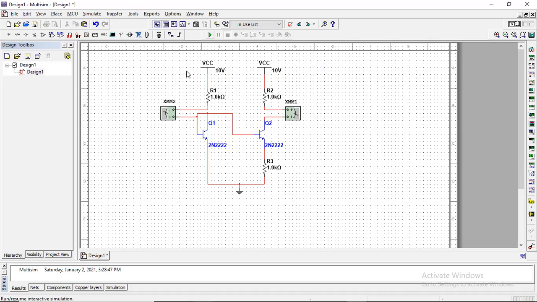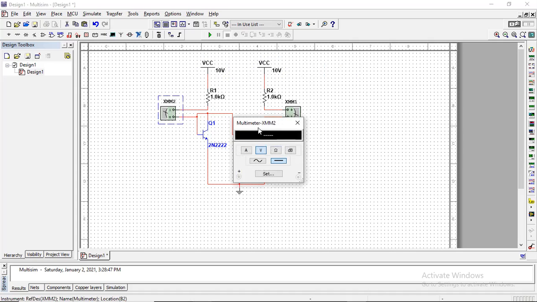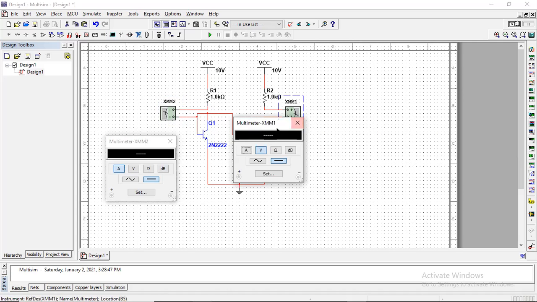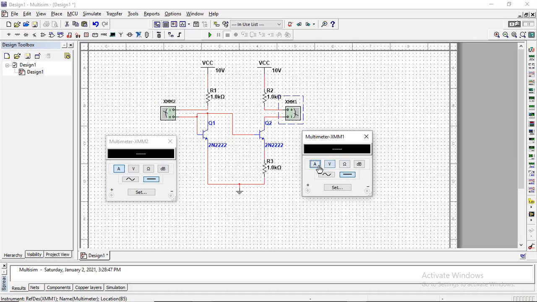Okay, coming to the simulation. First we have to set the meters to ampere and DC, and then simulate to get the results.